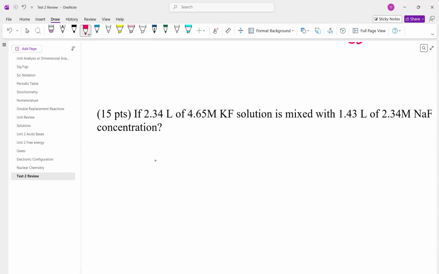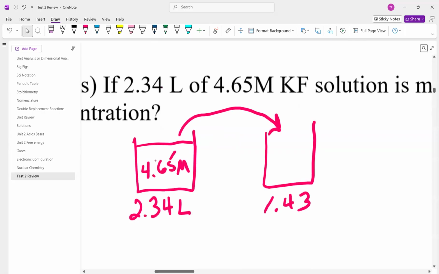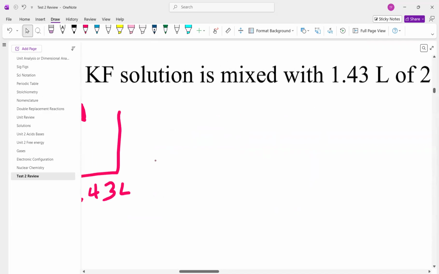So we've got two containers, and the idea here is to find the final concentration after we dump one into the other. This one is 234 liters, concentration is 465 moles per liter. This one is 143 liters and 234.